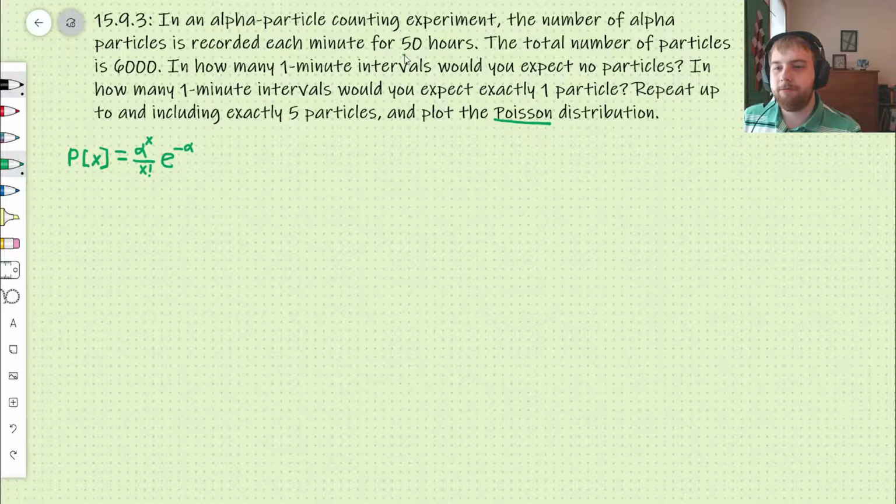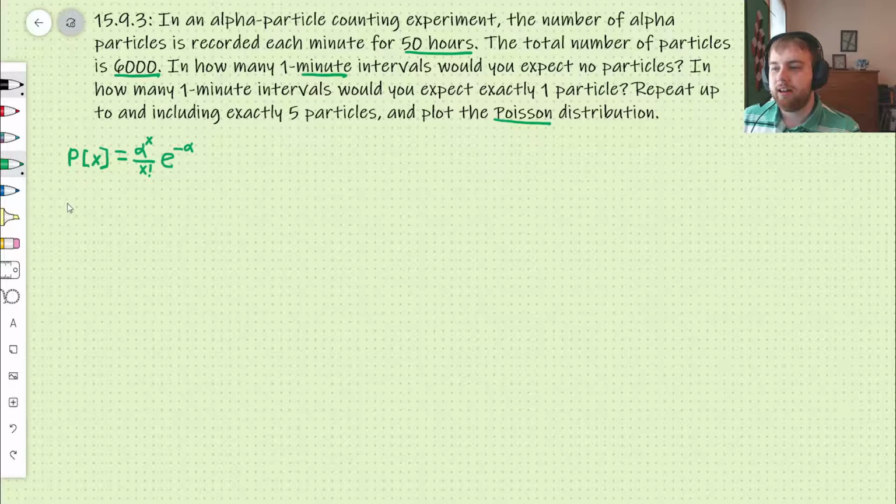So, recorded each minute for 50 hours. Okay, this is important. 50 hours. The total number of particles is 6,000. So you can find your average number of particles per hour, but remember we want to find it in terms of minutes.